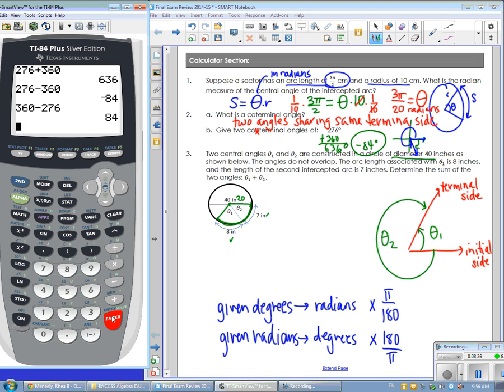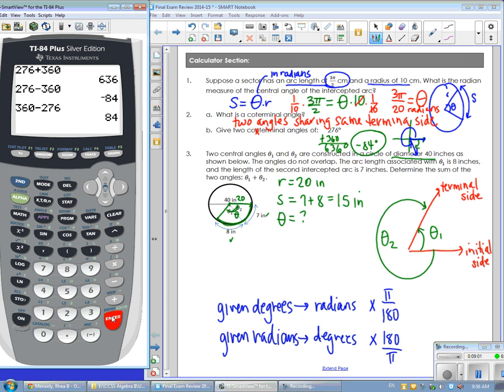And so instead of looking at it as two individual arcs, I would look at it as one big arc, where my radius is 20 inches. My arc length, then, is going to be the sum of the two smaller ones, which is going to be 7 plus 8 inches, or simply 15 inches. And if I'm asked to find the sum of these two angles anyway, so, let me just call that theta. I don't have to call it theta 1 plus theta 2. Let's just call it theta.